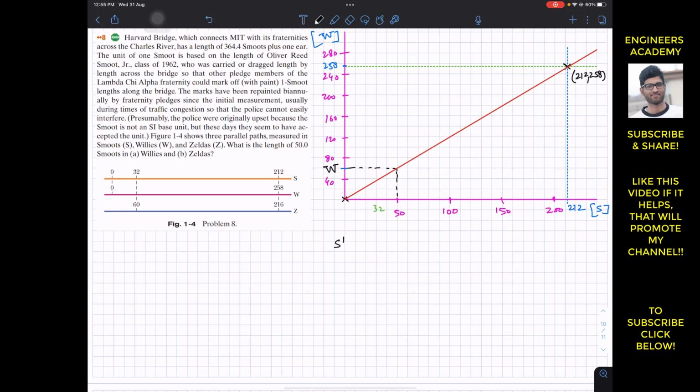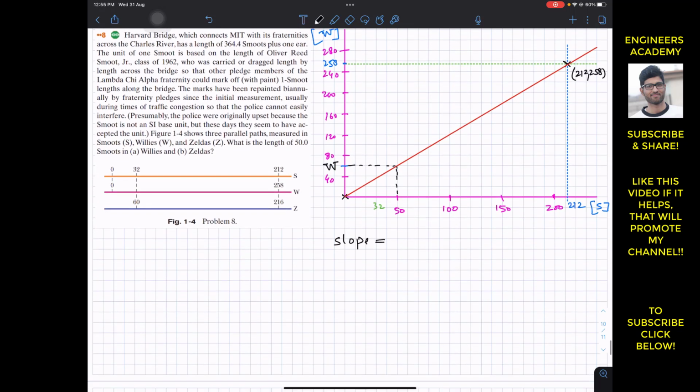So let me find the slope for Willies. This is the rise, which is basically 258 minus 0. This is the rise in Willies, so I will write 258 minus 0 divided by the run. What is the run?